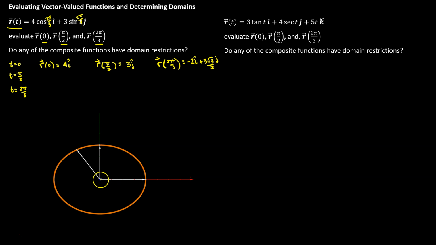4i hat is the vector that lands right on the x-axis. So this is the vector that comes from t equals 0, and we can see the point on the ellipse right here. 3j hat is the vector that lands perfectly on the y-axis. This happened at pi over 2, and we can see the point on the curve right here.